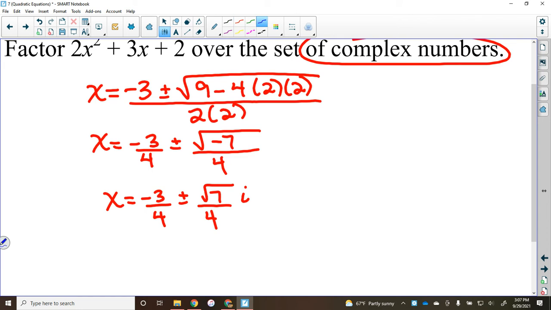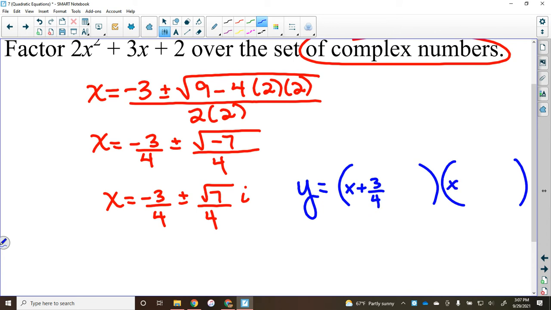So our two parentheses will be, now guys, that's a -3/4, right? So I gotta have an x plus 3/4 on both of these. And then you just put one with a plus square root of 7/4 i, and the other one will have a minus. I don't care what order that's in. But the beginning two have to have pluses because both answers had a negative here.